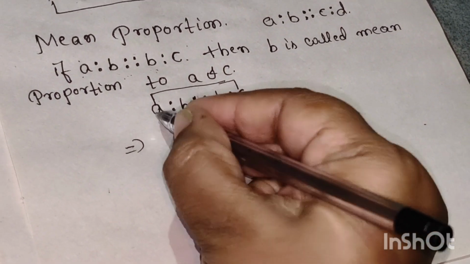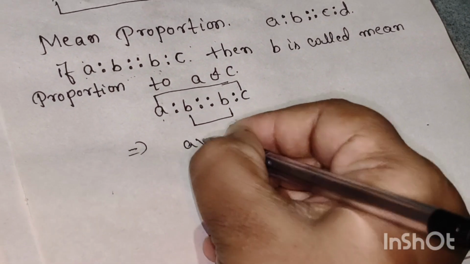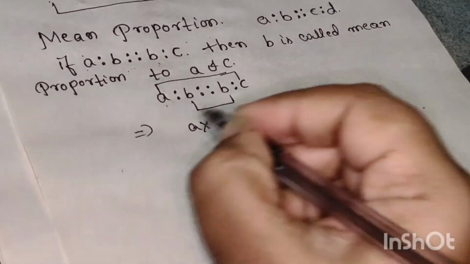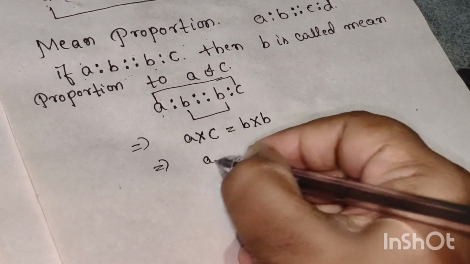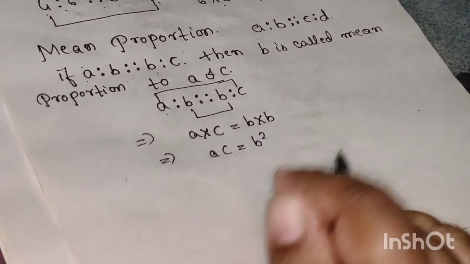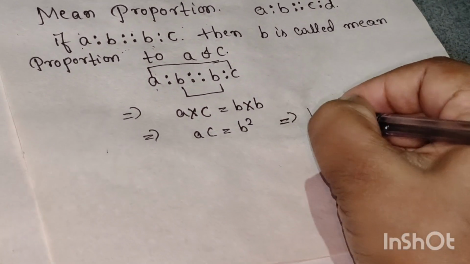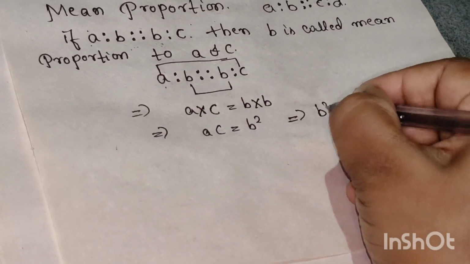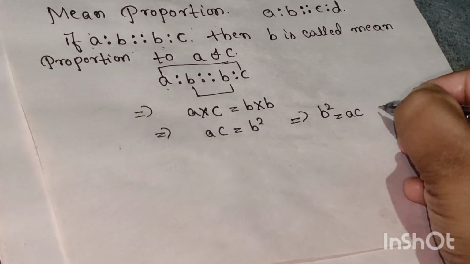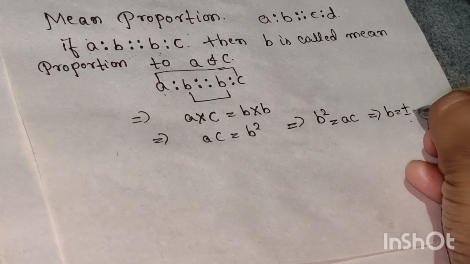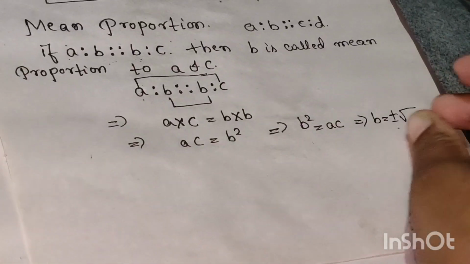So product of extremes is A into C, equal to B into B. That means AC is equal to B square, which implies B square is equal to AC. That means B is equal to plus or minus square root of AC.